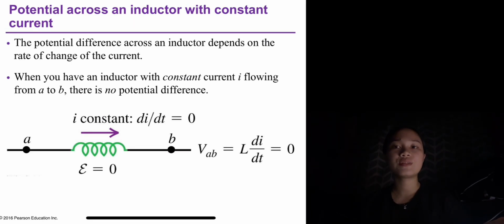So let's now consider an inductor carrying a constant current. Because the current is not changing, the magnetic field around the inductor is also constant or stationary. With no change in magnetic field, no EMF is induced. As a result, the voltage across the inductor is also zero.